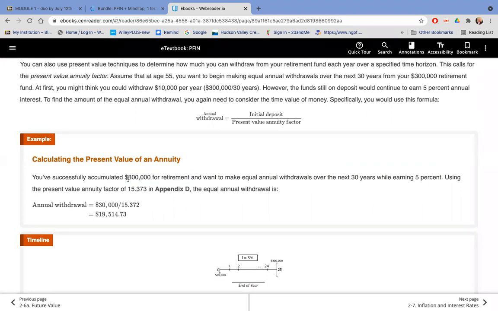So if you started with the $300,000 and you divided that by the 15.373, you would get $19,514.73 per year. So this is what you can take out per year for the $300,000. That's an error there. And you will have roughly the ability to have that $300,000 last for 30 years if you just took that amount out.